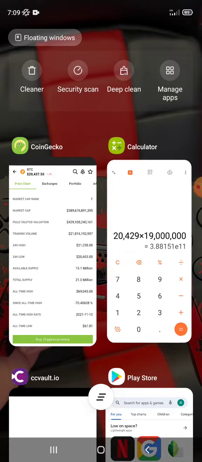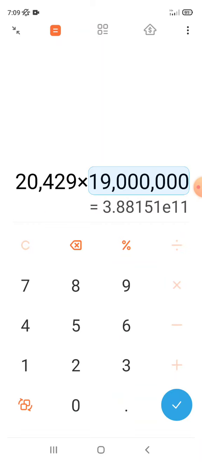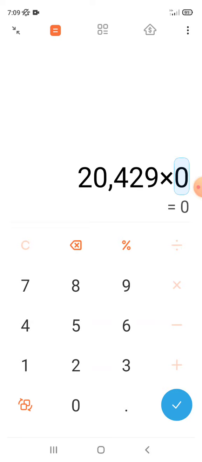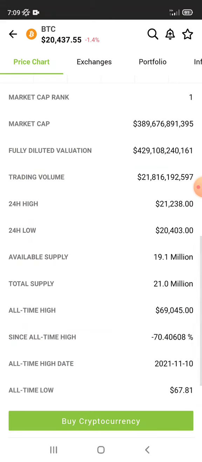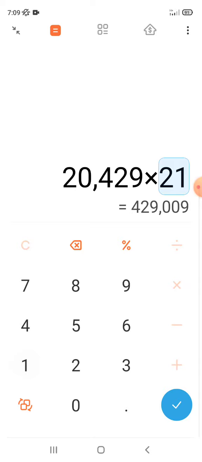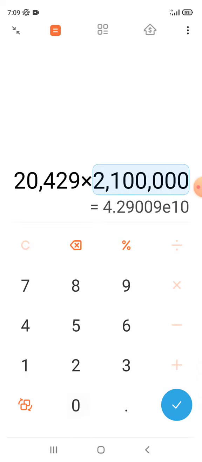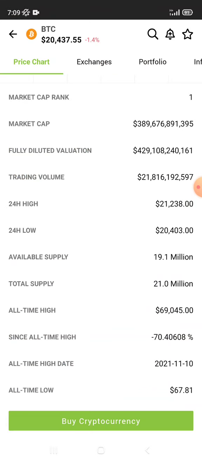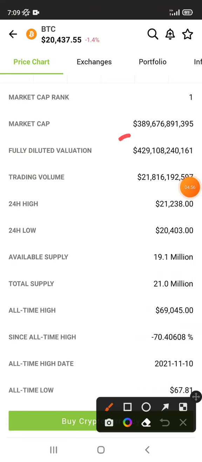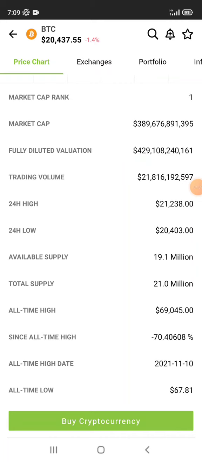So if we go to our calculator, the same thing, that is 21 million. So let's put in 21 million. You see, that is 429 billion, which is exactly what is here. So the reason why we call this one fully diluted is because they are not multiplying by the supply that is available. They are multiplying by the total supply. When we get to available supply and total supply, I will explain it. So let's go to the next one.